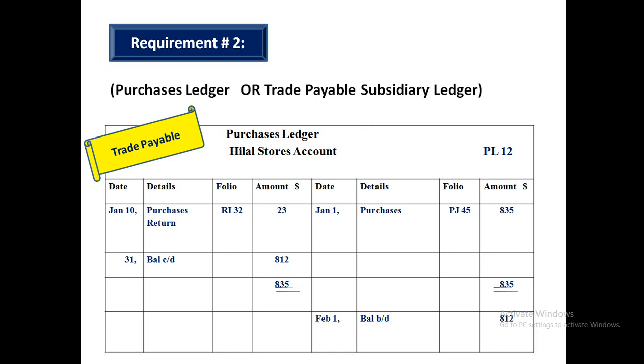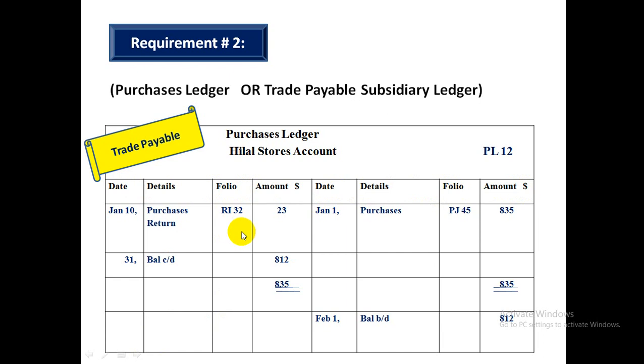How to prepare it? The columns for these accounts are the same as we use in any ledger. What are those 2 columns? Basically the debit side and the credit side, which we normally assume for any ledger: date, details, folio, amount, date, details, folio, amount.